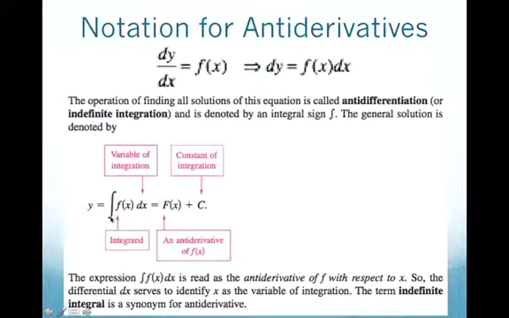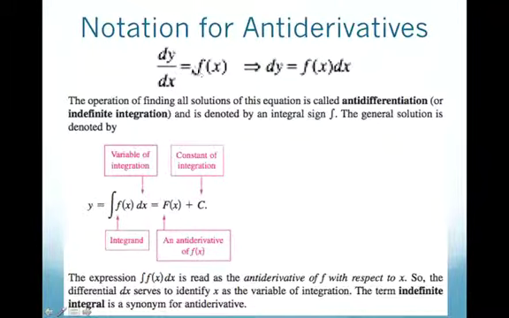All right, so now let's talk a little bit about the notation here, because I'm sure you've seen this long S symbol lurking around, and so we're going to go ahead and define it, because this is the symbol that we're going to use to indicate that we have to find the antiderivative. All right, so let's go back to the beginning though. If I have a function, and that's my rate of change function, and I want to work backwards, I need to remember that this function is the change of y with respect to x.